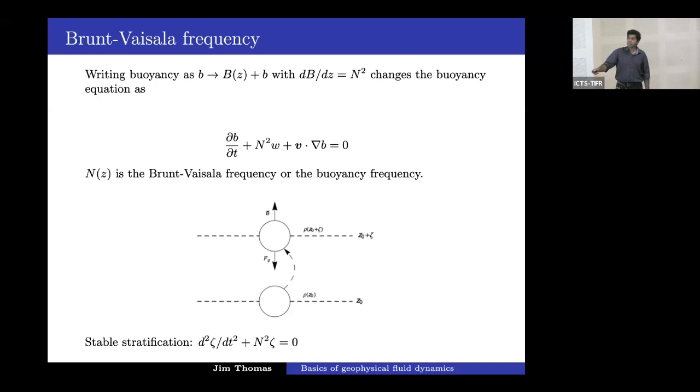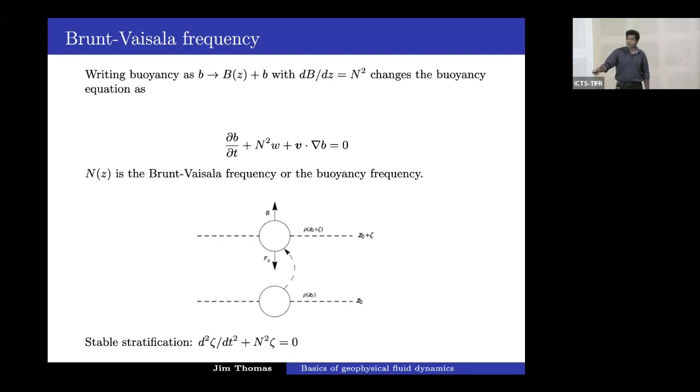Now the surrounding fluid has density less than this fluid parcel, because density is decreasing in the vertical direction. So the density of this parcel is now higher than the surrounding fluid, and it gets pushed down by gravity, or the buoyancy force.